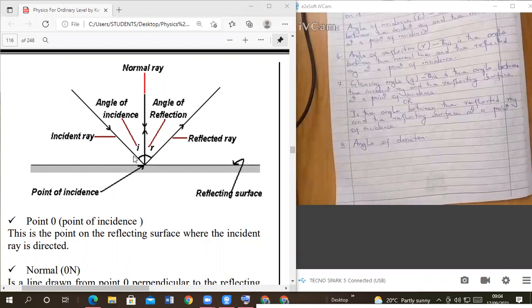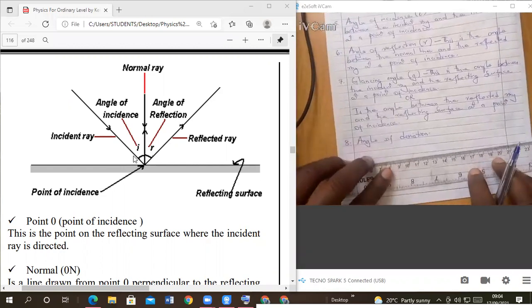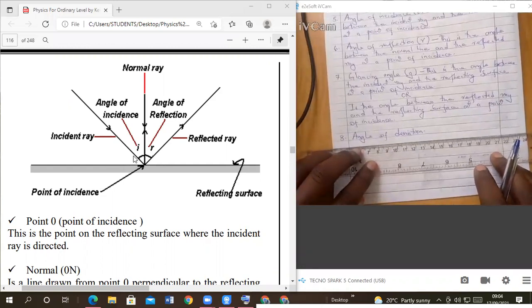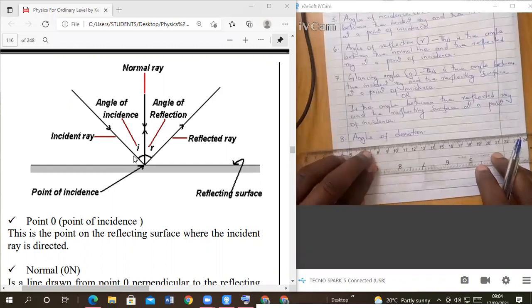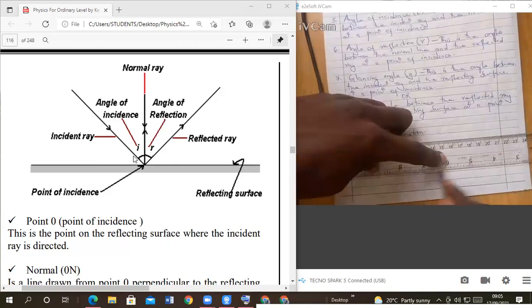Just to give you a perspective, let me draw it again here so that you can see. Members, are we together? Yes.